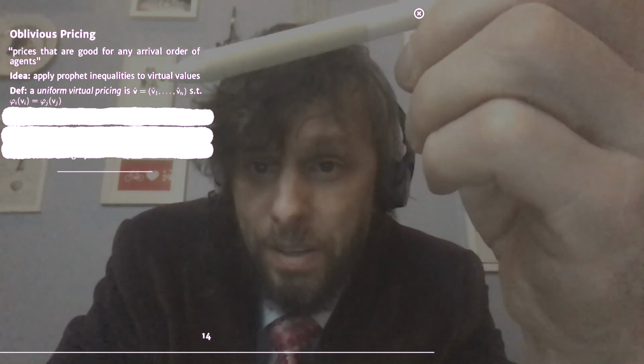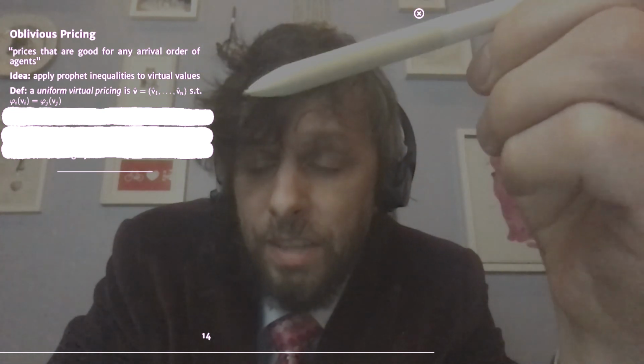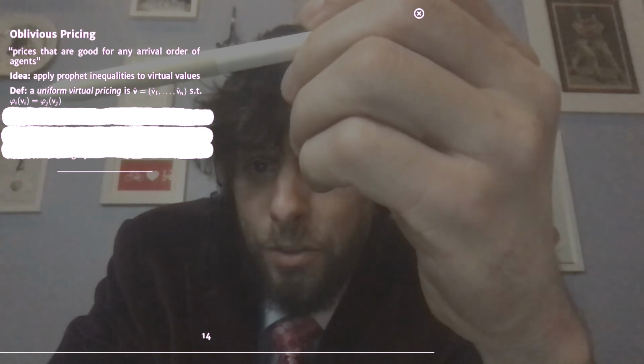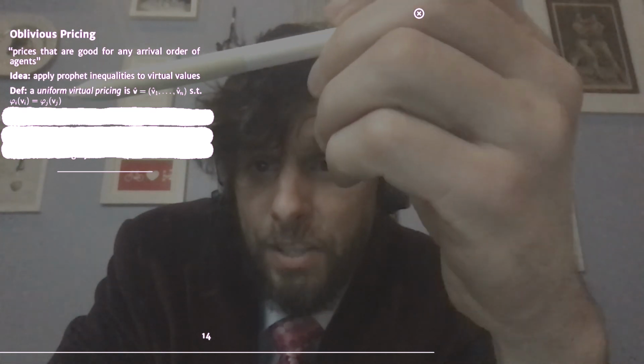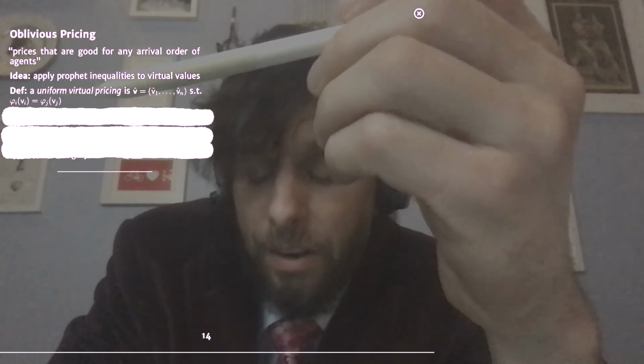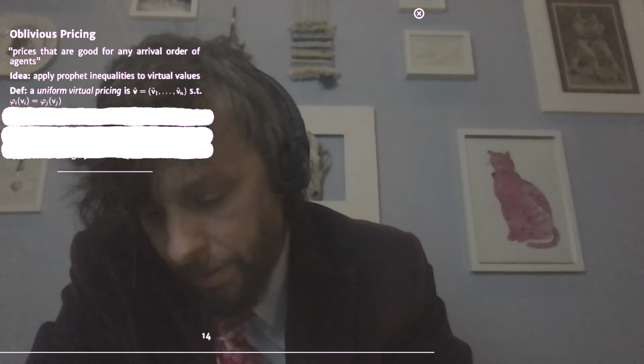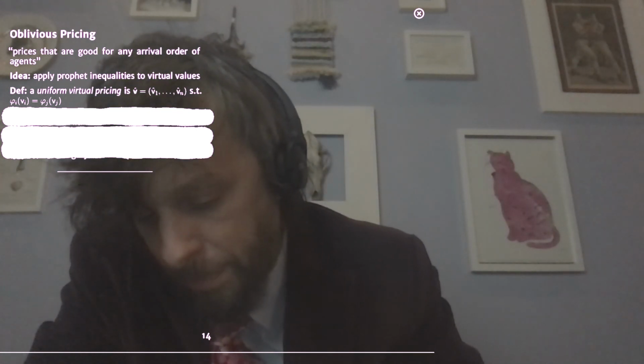Okay, so I'm going to define a uniform virtual pricing to be a set of prices in value space, so v hats, such that the virtual values corresponding to two different agents at those prices are equal.